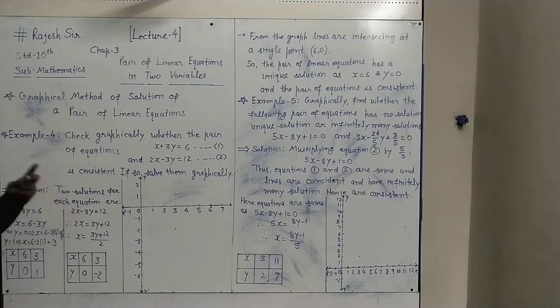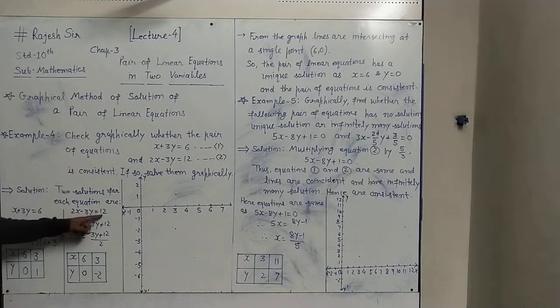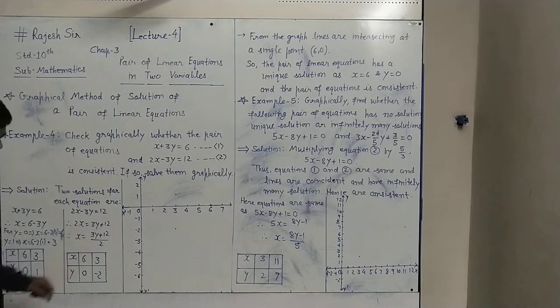Similarly, in the second equation, 2x minus 3y equal to 12, we can write 2x equals 3y plus 12, so x equals (3y plus 12) upon 2. Placing y as 0, 0 into anything is 0, plus 12 is 12, and 12 upon 2 is 6.